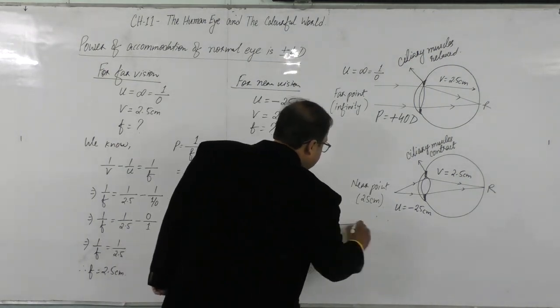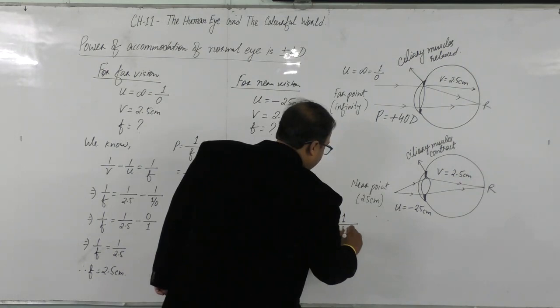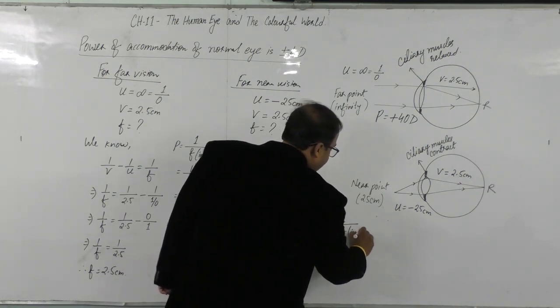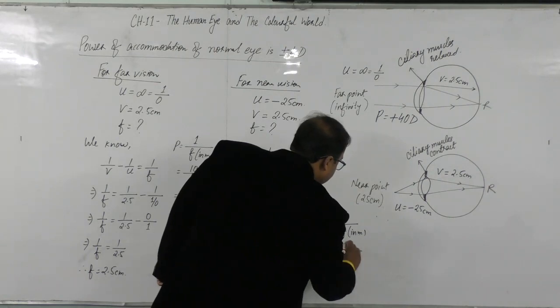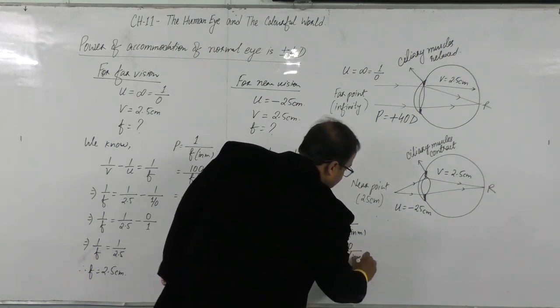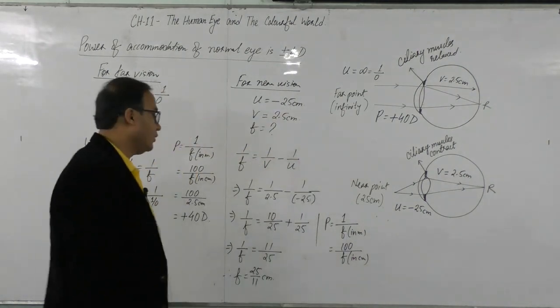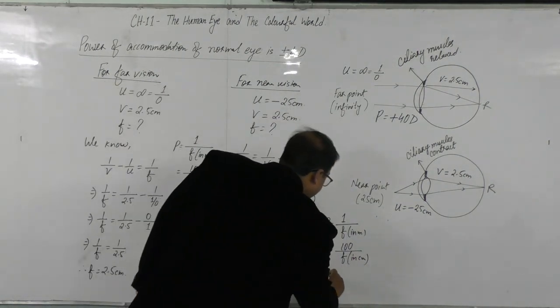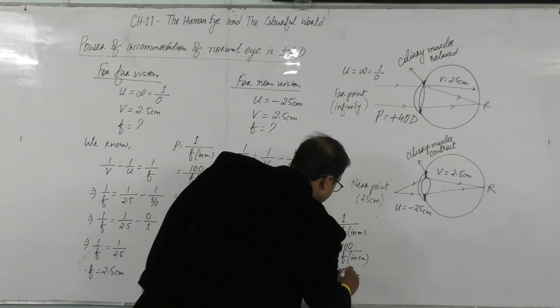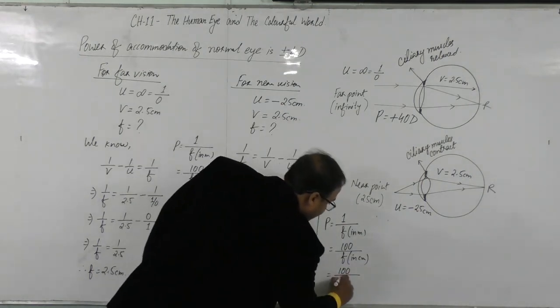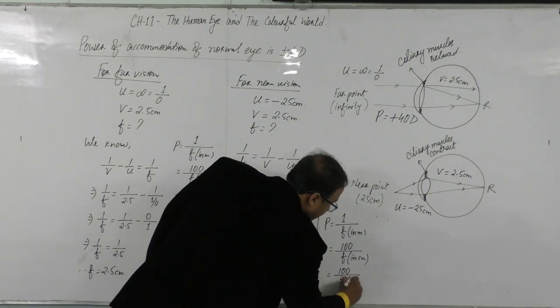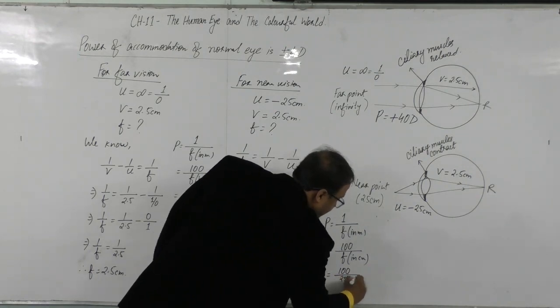P equals to 1 by f in meters. The formula is P equals to 1 by f in meters. So P equals to 100 by f in centimeters. Okay. So focal length is given here, 100 by, focal length कितना है? 25 by 11 centimeter.